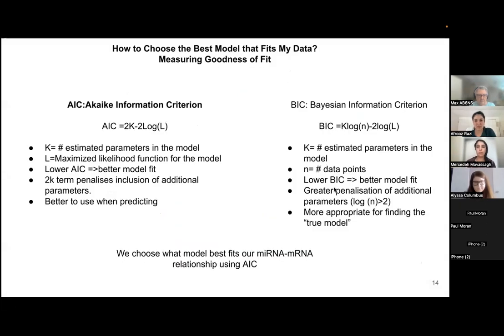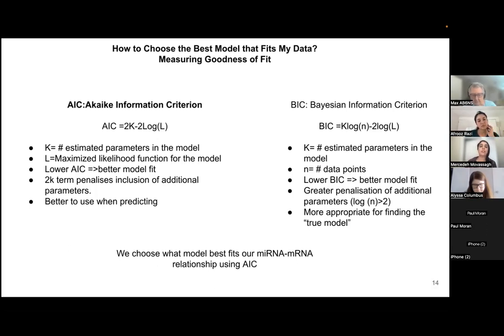I'm sure you're familiar with AICs and BICs. I just want to quickly, before I get to the models, tell you about them. So AIC, or Akaike information criterion, is what we are going to use to choose a model. Basically, the K in the formula is the number of parameters in the model. The L is the maximized likelihood function. Lower AICs and also BICs are favorable.